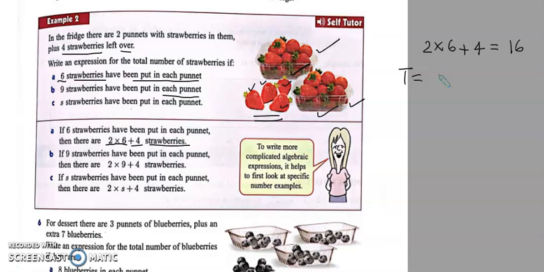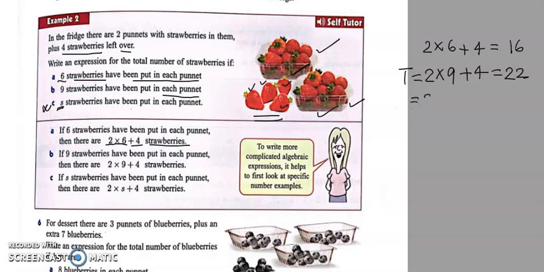So here 9 strawberries, 2 peanuts and 9 strawberries in each and 4 left. So it will be 2 times 9 plus 4, 18 plus 4, 22.